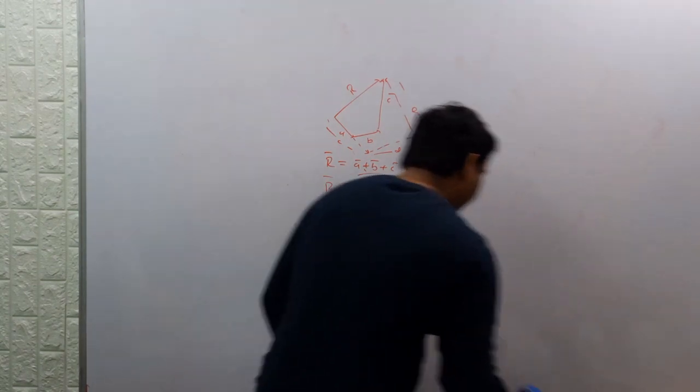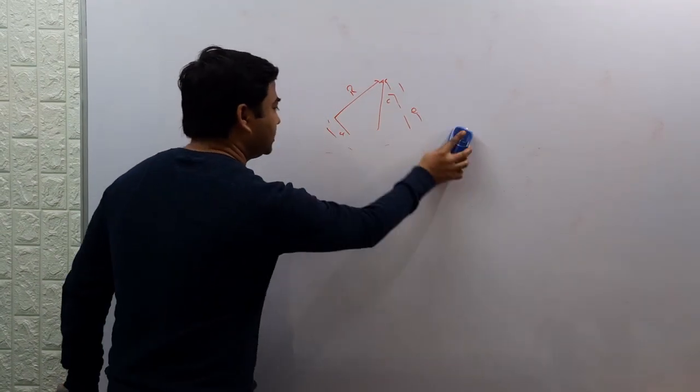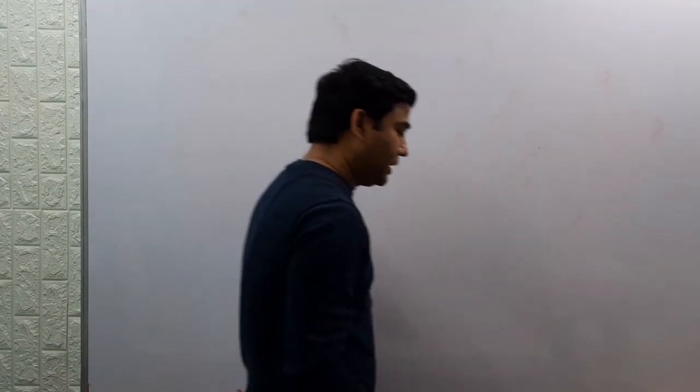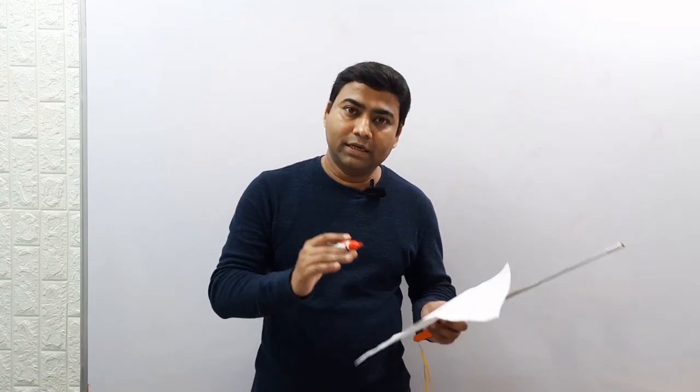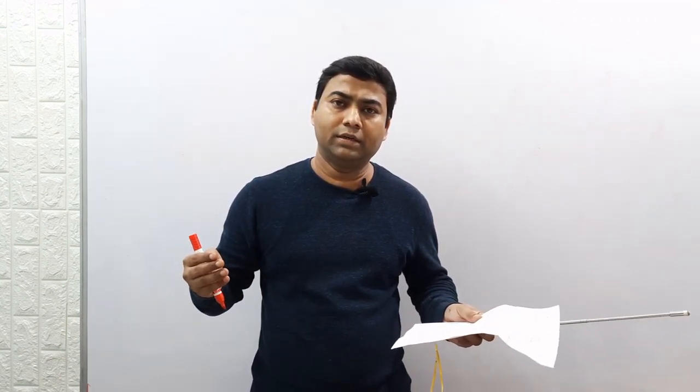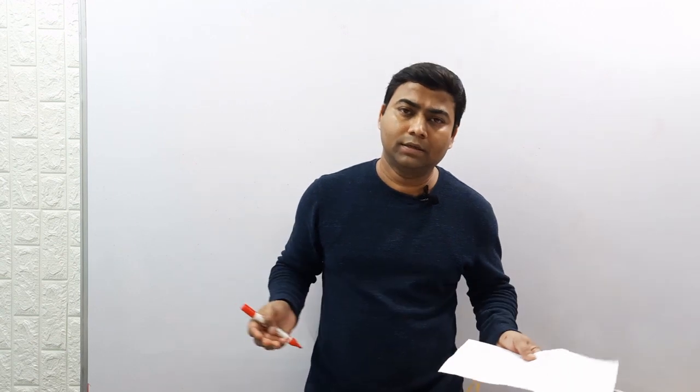So this is the reverse process of addition, and from simple geometry you can easily see that a given vector can be represented as a resultant vector of infinite number of combinations of 2 vectors, 3 vectors, 4 vectors, 5, 10, 1000, 1 lakh vectors, 2 lakh vectors.